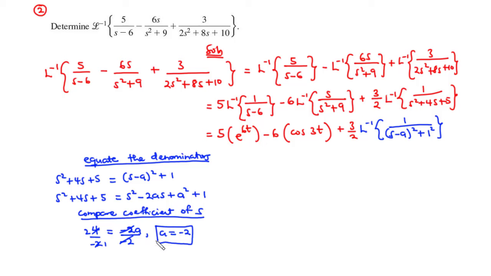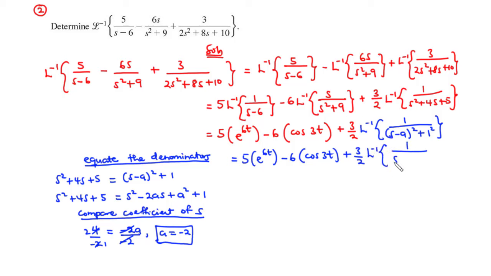Now we are going to put the value of a into this transform. So we are going to have 5 times e to the power 6t minus 6 times cos 3t plus 3 over 2 times the inverse Laplace transform of 1 over s minus, so minus minus becomes plus, so s plus 2 all squared plus 1 squared.